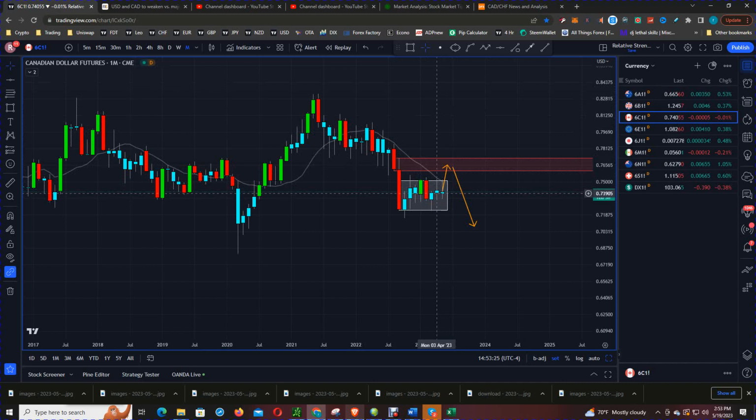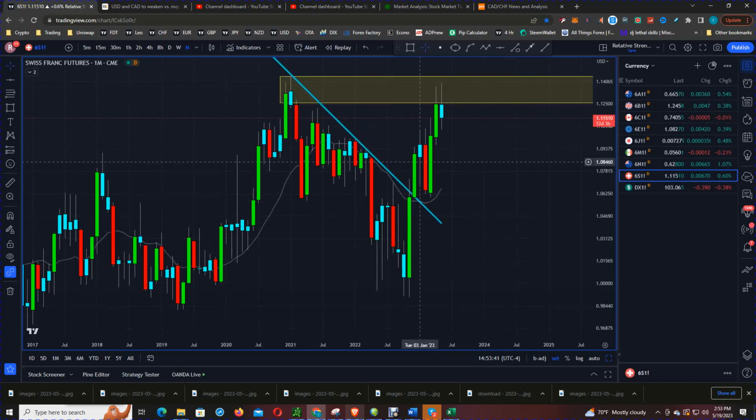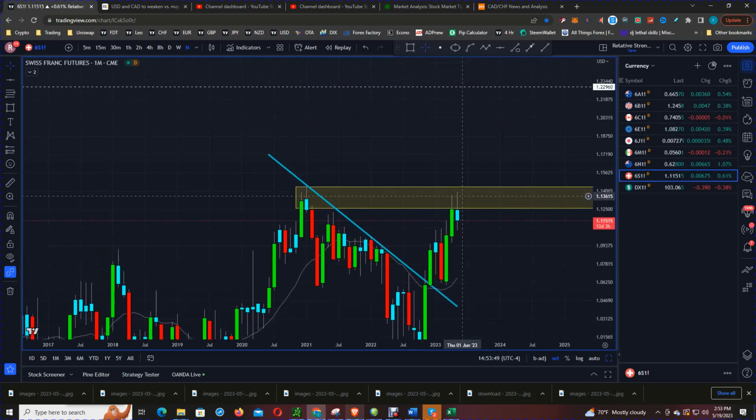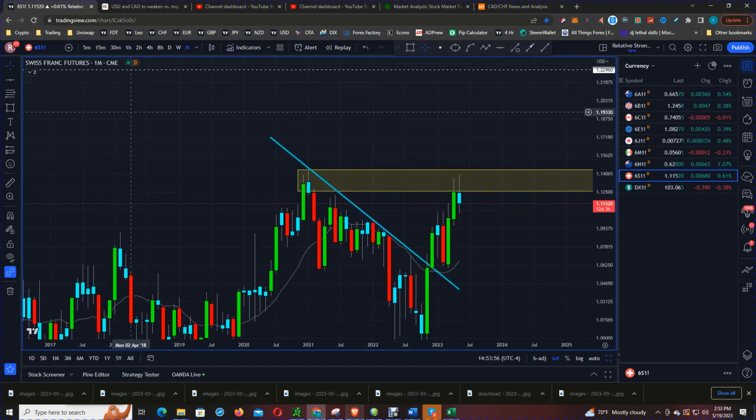If this pans out where you have price breaking out to the upside, but then being introduced to sellers and then moving down, and if you have price on the Swiss franc, being that it broke this monthly downtrend line, breaking out and breaching and closing above this monthly sellers level, well, if the Swiss franc is going to continue to move higher, that means it's going to get stronger.